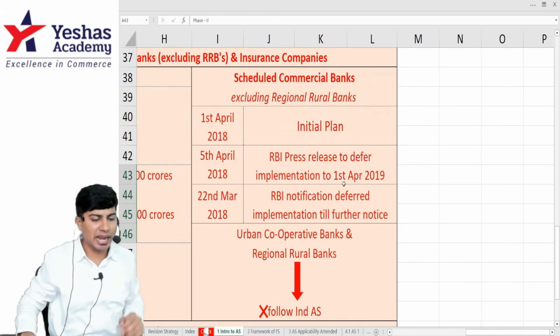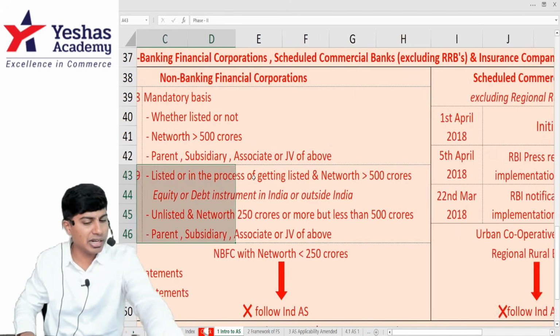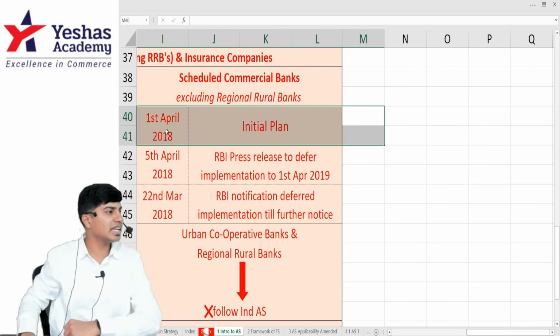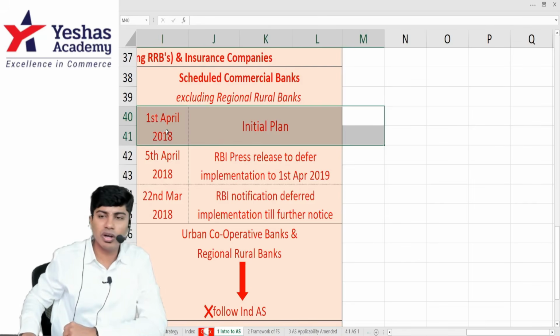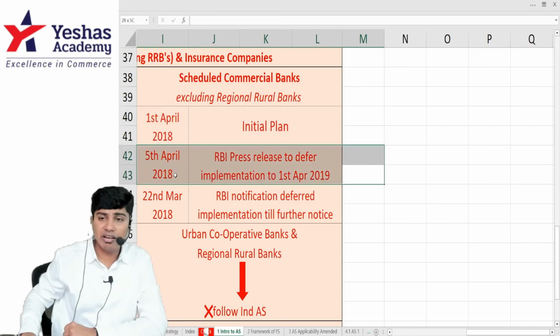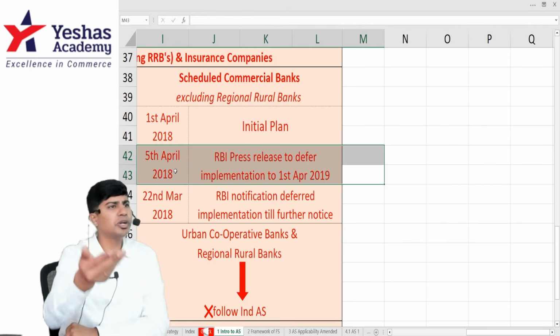Initially, the government had planned, like we planned now for NBFC, 1st of April 18. Similarly, RBI had also said that from 1st of April 18, they will make Ind AS applicable to banks. Then you know what did they do? They made one press release on 5th of April 2018, saying that no, we're not thinking of it right now. We'll postpone it by one more year.